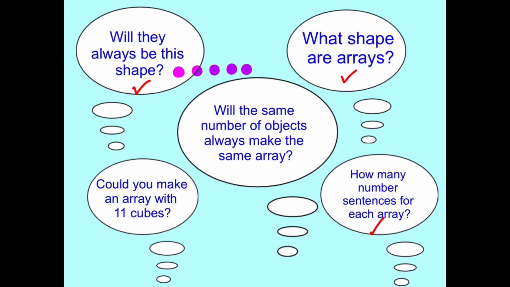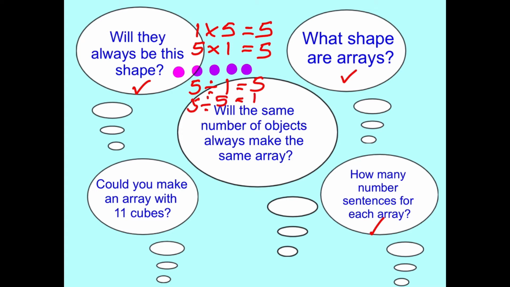So this one up here would be 1 times 5 equals 5, or 5 times 1 equals 5, and then the divides would be 5 divided into 1s equals 5, or 5 divided into 5s equals 1, because there's only one 5.